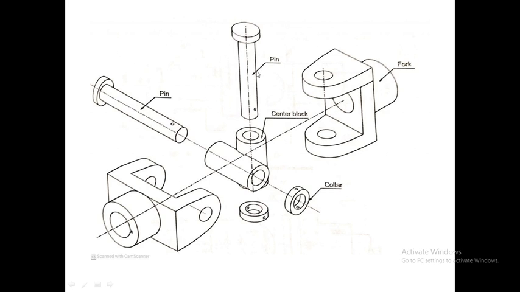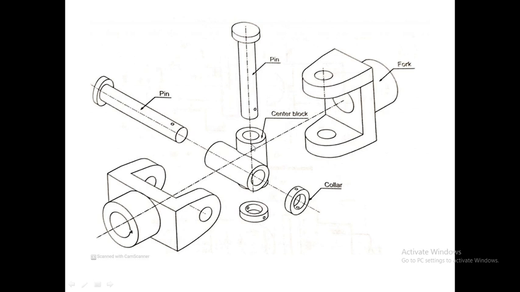Now two pins are given, a vertical pin and a horizontal pin. Now I said that these pins are used to lock the center block with the vertical fork and the horizontal fork. So first we will insert the vertical cylinder of the center block inside the vertical fork. You can see holes are given in the fork as well as the center block.